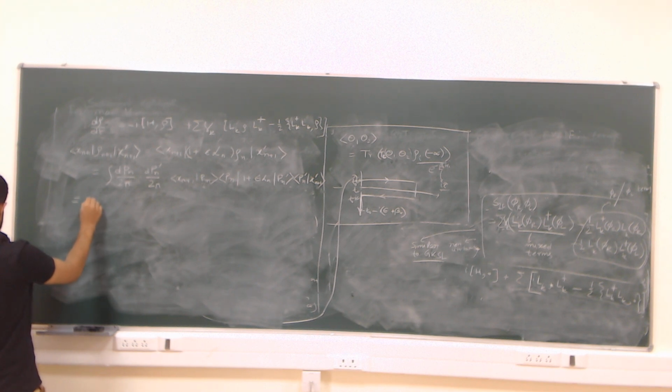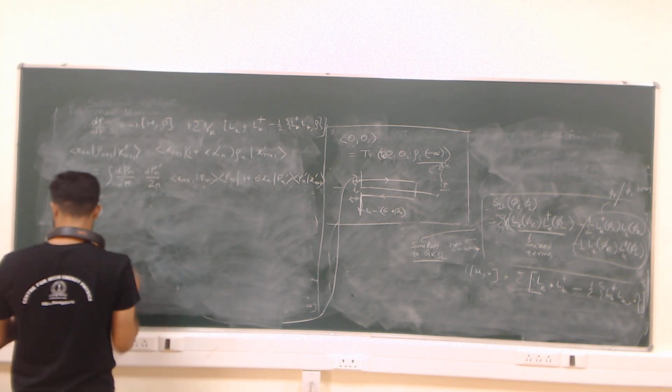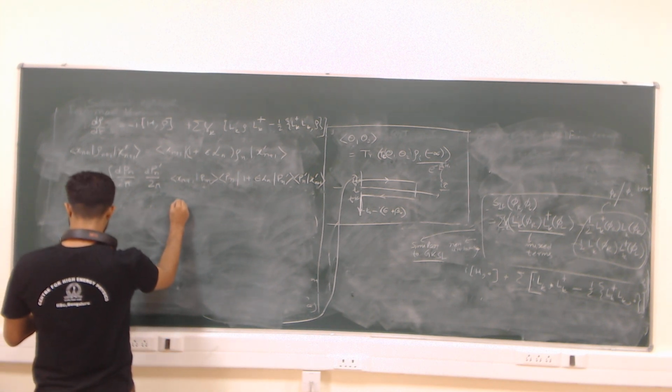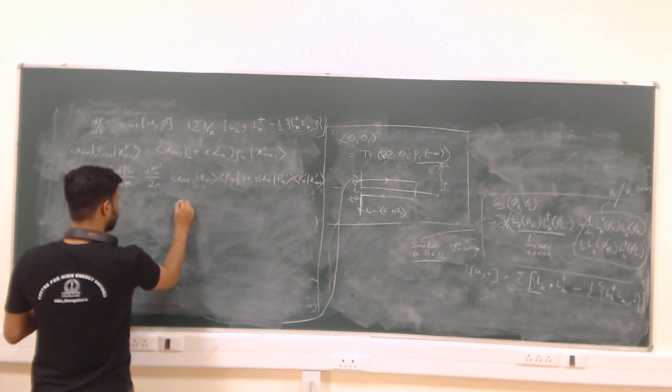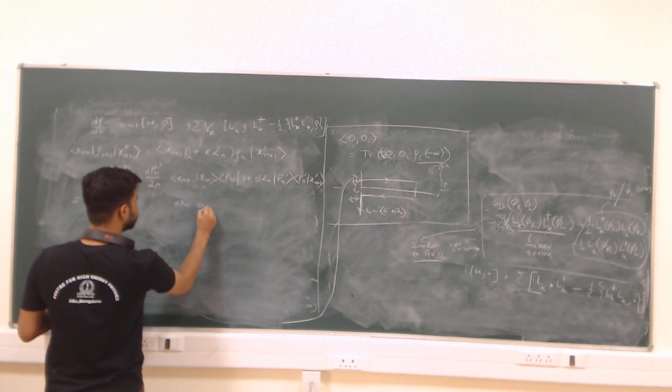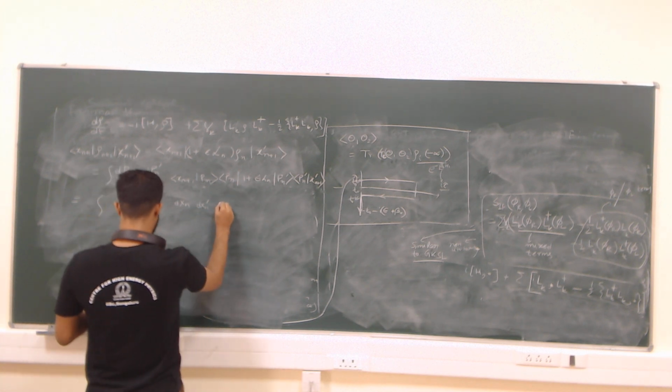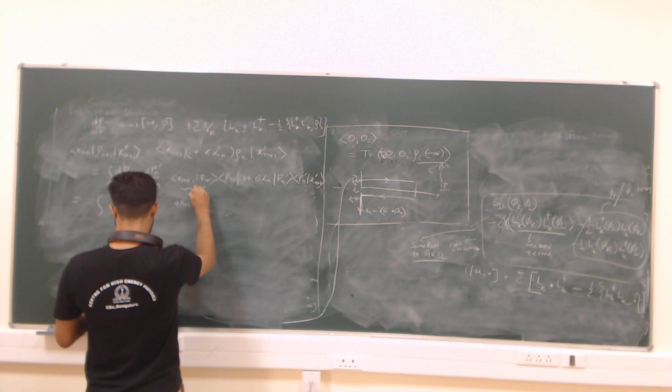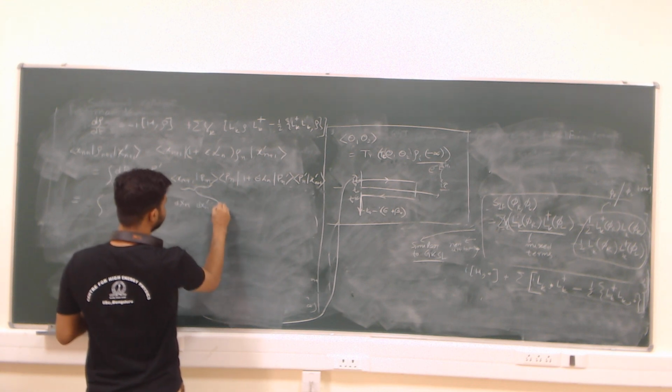Then what we can do is expand this and introduce some more variables, dxn, dxn prime. Then see this term will be there.